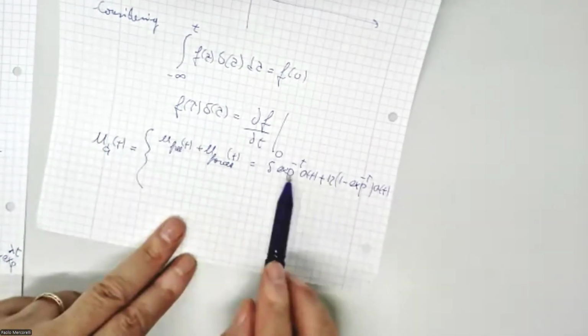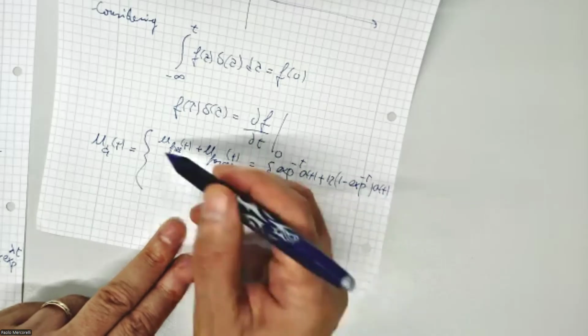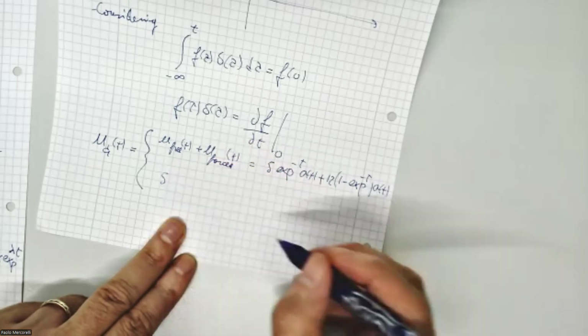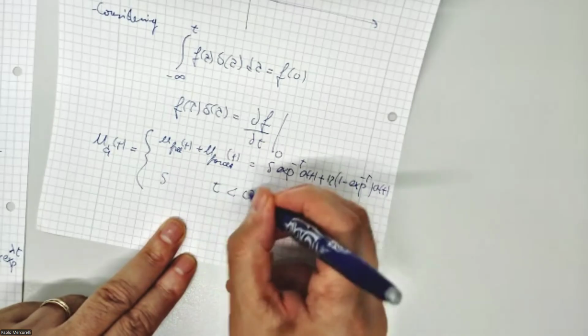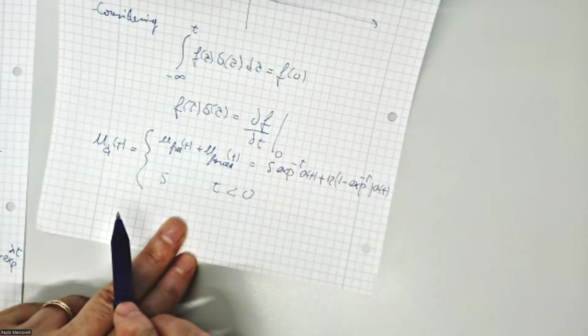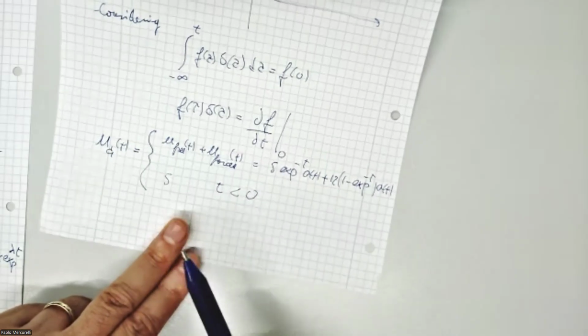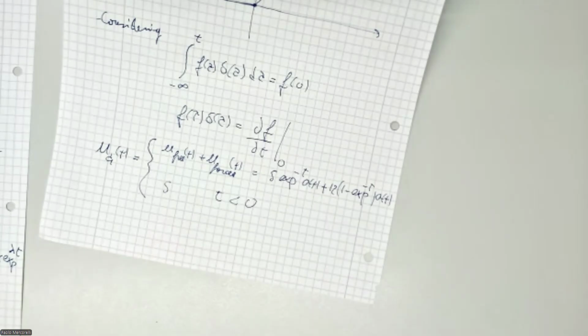This is enough to write. So you can also do some calculations if you want. And here, for t less than 0. Yeah, you can do the calculations. I think it's almost everything.